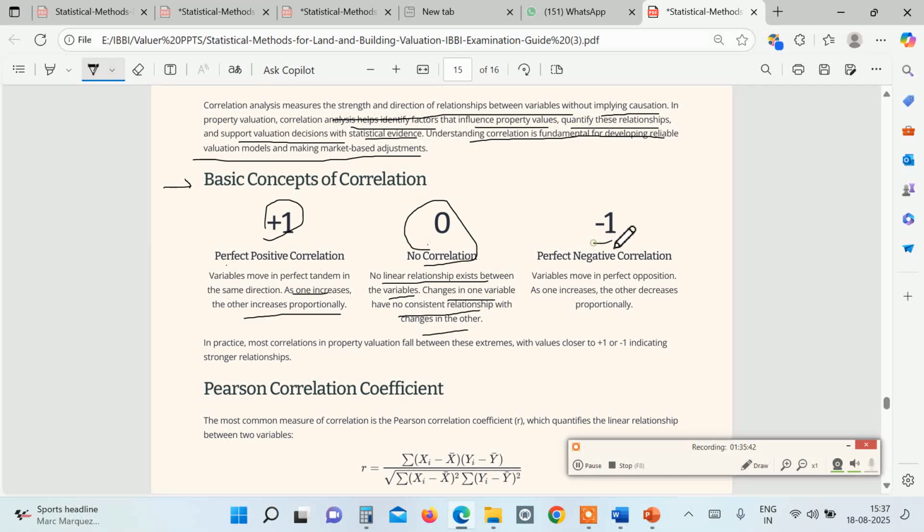And minus one means the variables move in perfectly opposite directions. As one increases, the other decreases proportionately, and vice versa. So in practice, most correlations in property valuation fall between the extremes, with values close to plus one or minus one indicating a strong relationship.